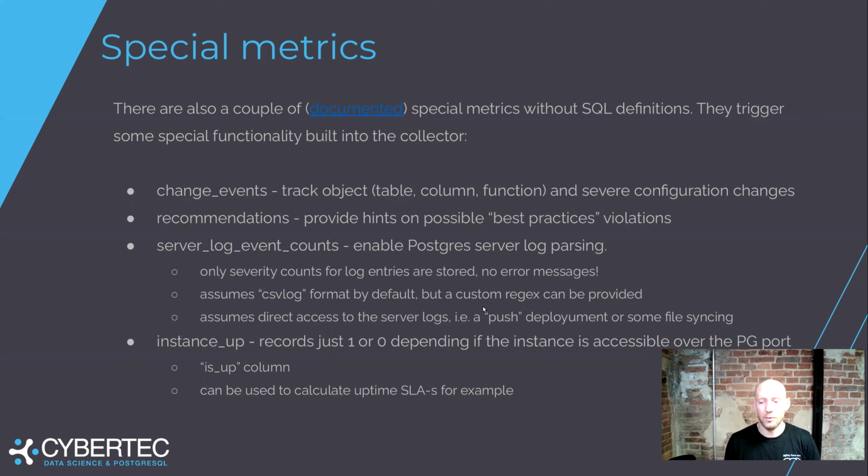Is Postgres down? Is pgwatch2 down? You don't know. So for that reason, there is a special metric instance_up that, even when the database is not accessible, will just record a 0 in the is_up column. And this can be used for SLA calculations or for some other reasons also.